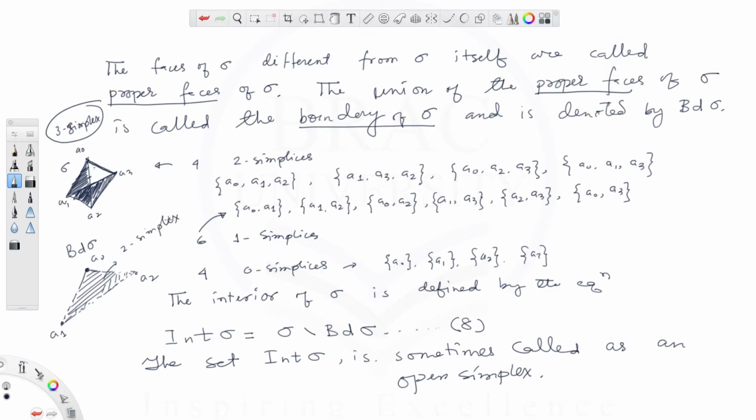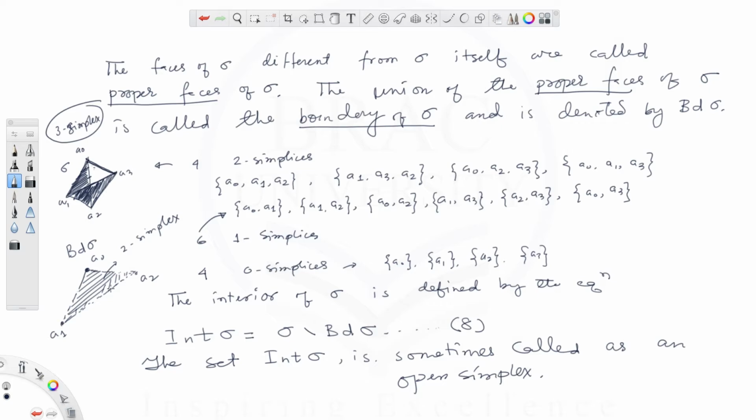The boundary of this 2 simplex is the union of these 3 one simplices and 3 vertices, or the 3 zero simplices.